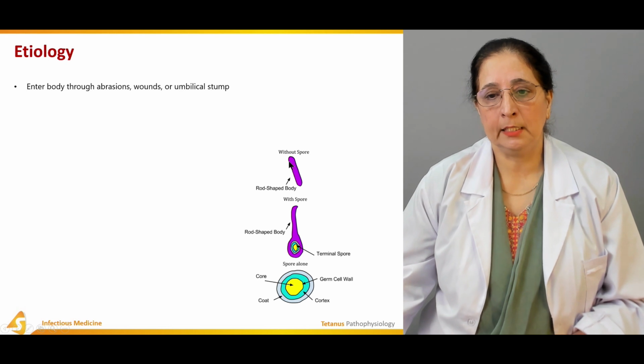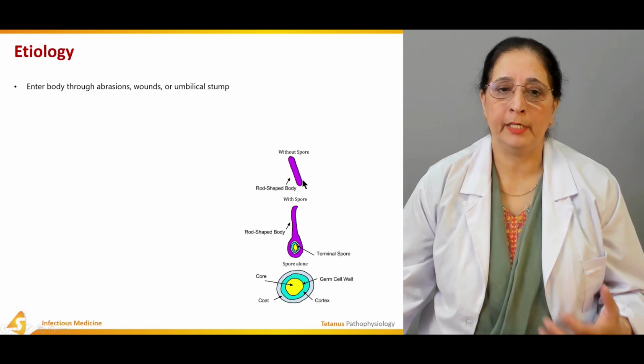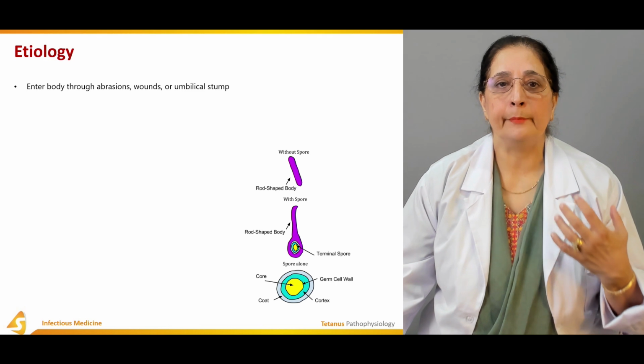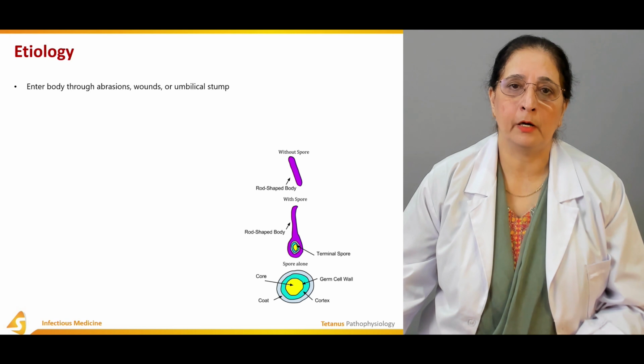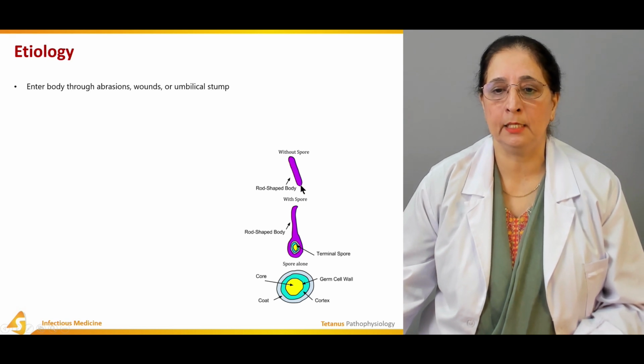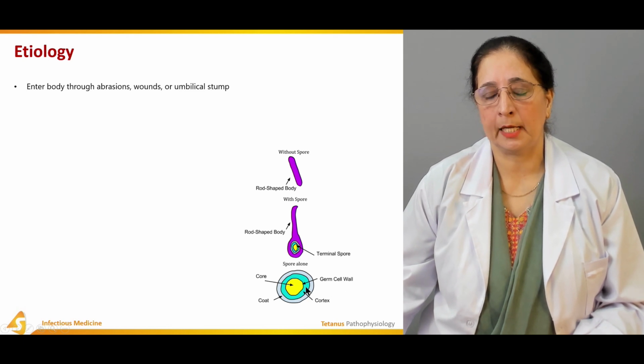tetanus. This is the rod-shaped body without spore. Clostridium tetani is a bacillus, so not cocci; bacilli are rod-shaped structures. So this is without spore. Once the spore is produced, this is the terminal spore, and this is the spore alone. This is the core, this is the coat, then we have the cortex and the germ cell wall.